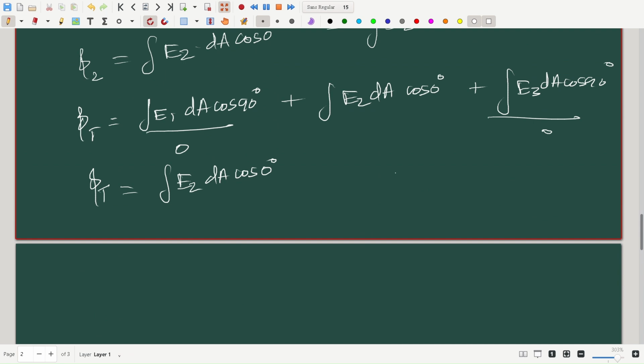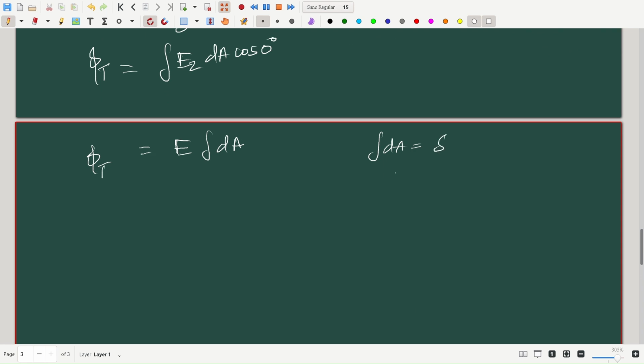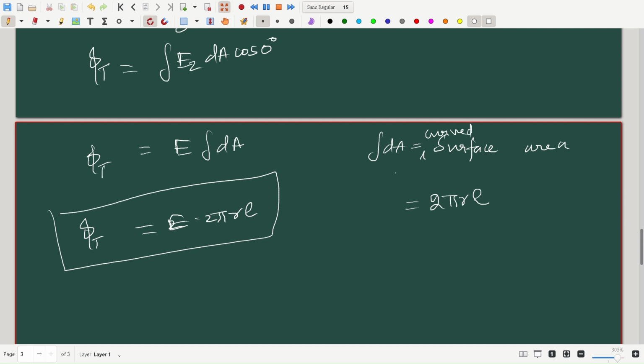If you integrate this, you get total electric flux is equal to E times integral of dA. Integral of dA is equal to the surface area, more specifically the curved surface area of the cylinder, which is given by the formula 2 pi r L. So phi total is equal to E into 2 pi r into L. Let's have it as the first equation for electric flux.